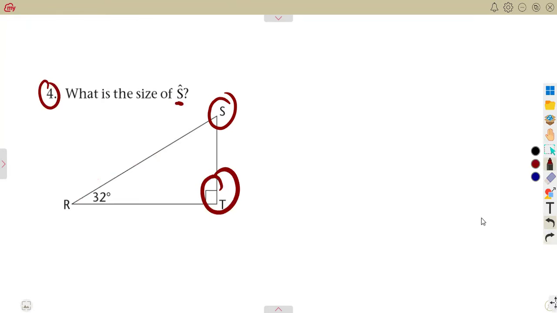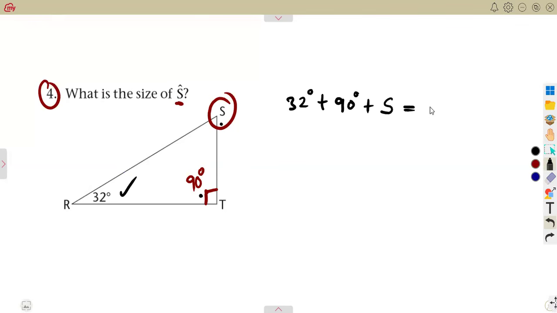And what is the indication of T? Remember here, this square that you see on this part is a right angle, which indicates 90 degrees. Right angle simply means there is 90 degrees. So nothing has changed. If I add this 32 degrees to the 90 degrees and to the angle S that I'm supposed to calculate, I'm supposed to obtain 180 degrees.